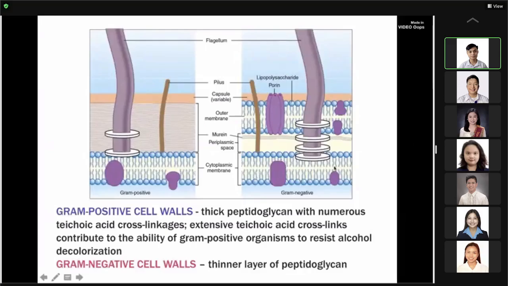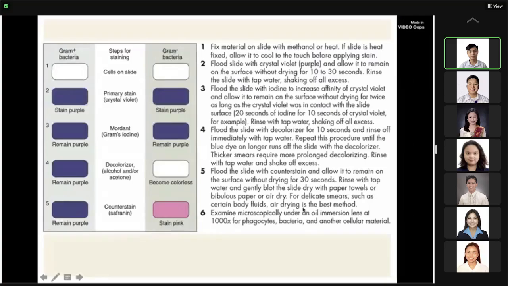This is the membrane, and you have here another membrane, the outer membrane. In between, you have the periplasmic space, and it contains a very thin peptidoglycan layer. So the gram-positive organism, because they have thick peptidoglycan layer, they retain the primary stain in the gram staining.